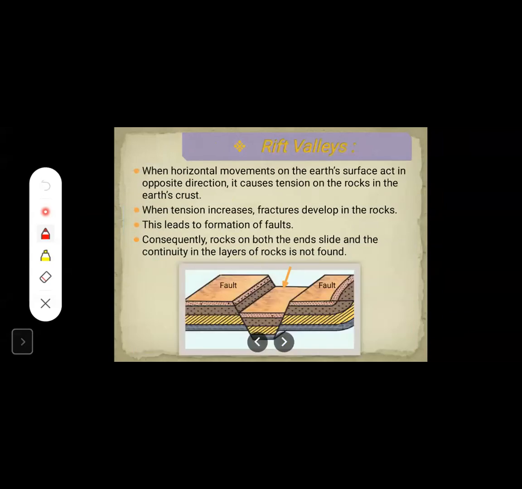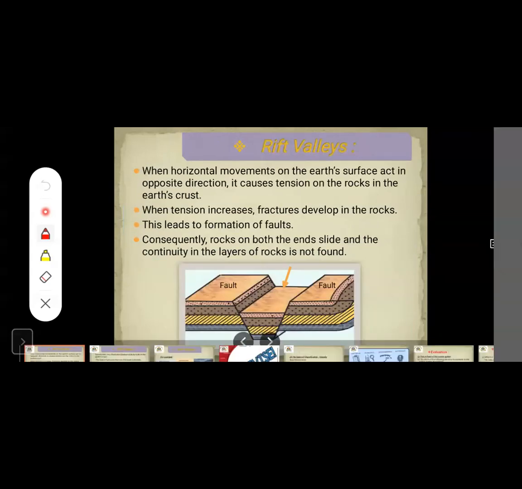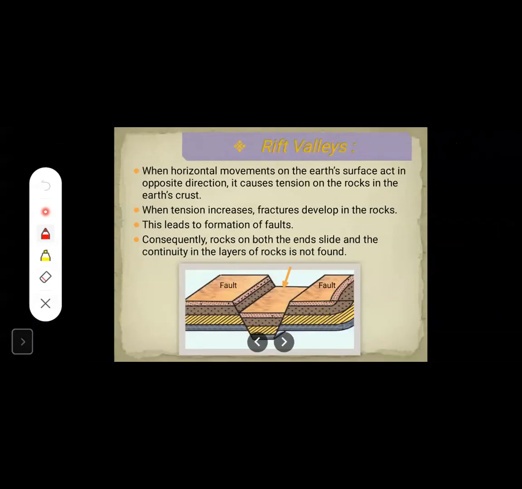This is a piece of mountain, and the rift which subsides down, you have to show with an arrow. That's it. You have to mention that it's a Rift Valley and draw this diagram.